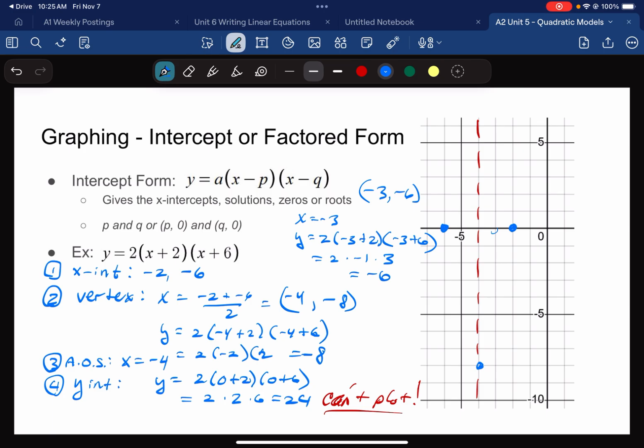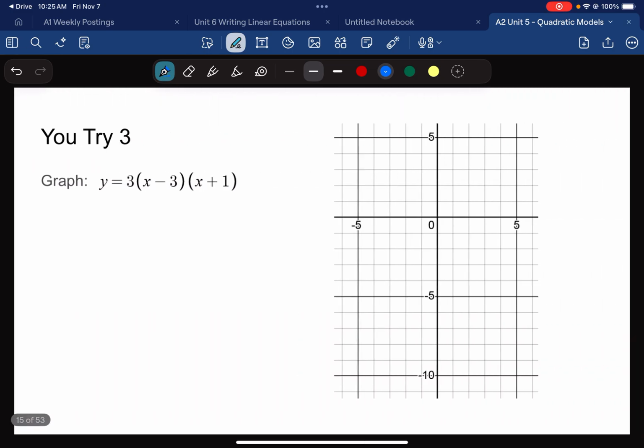So -3 and then -6, and its mirror image finishes our parabola for us and gives us 5 good points. Okay. Let you guys stop the video, give this one a try, and turn it back on when you're done.